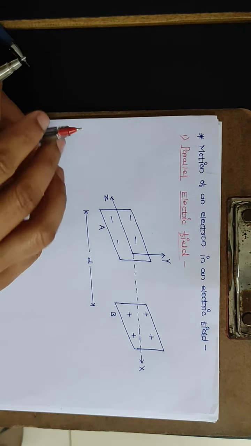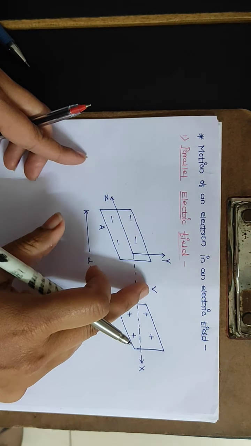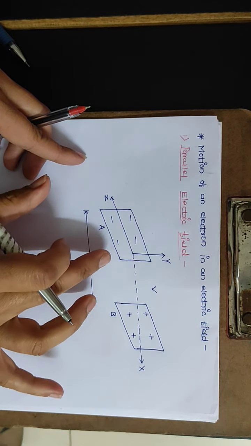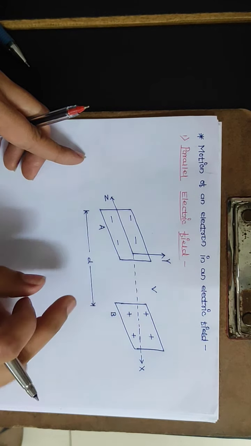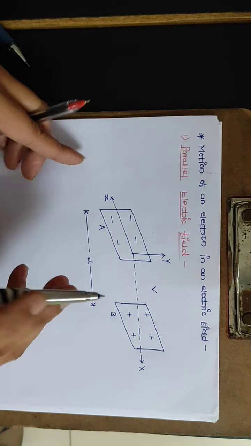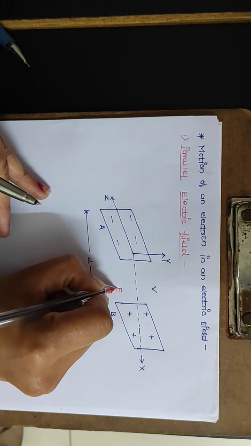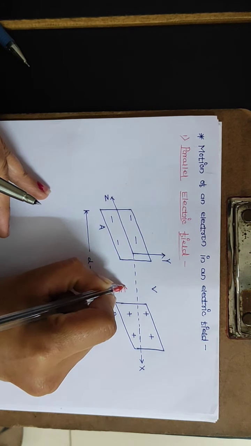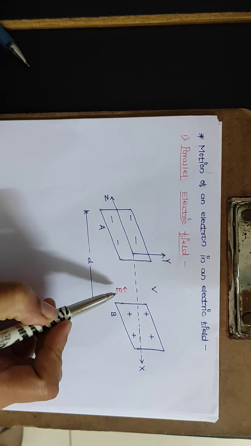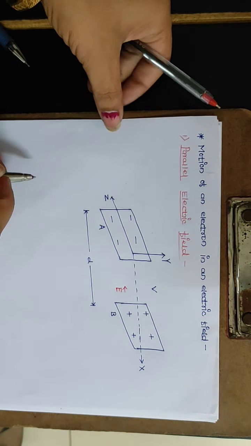Let V be the potential difference applied between the two plates, and due to this potential difference an electric field E is developed between the plates.